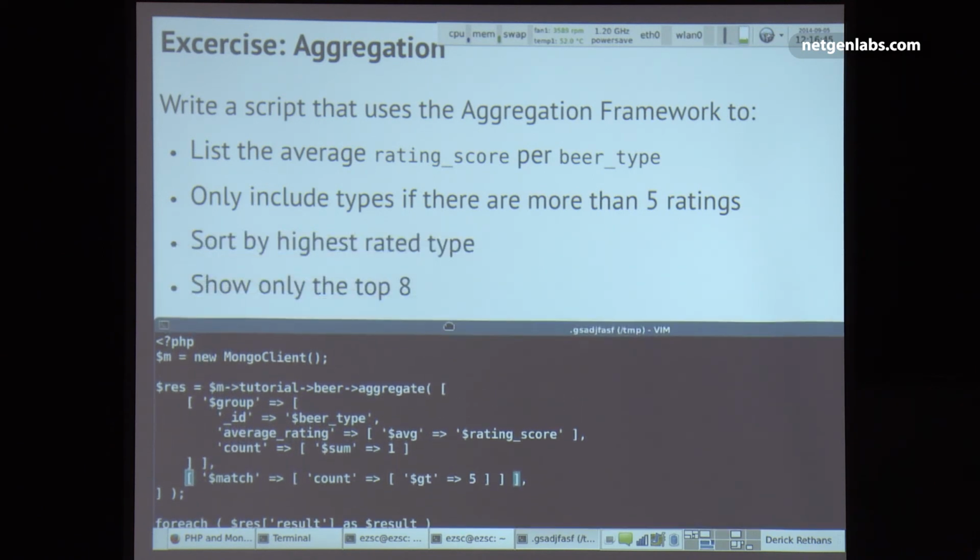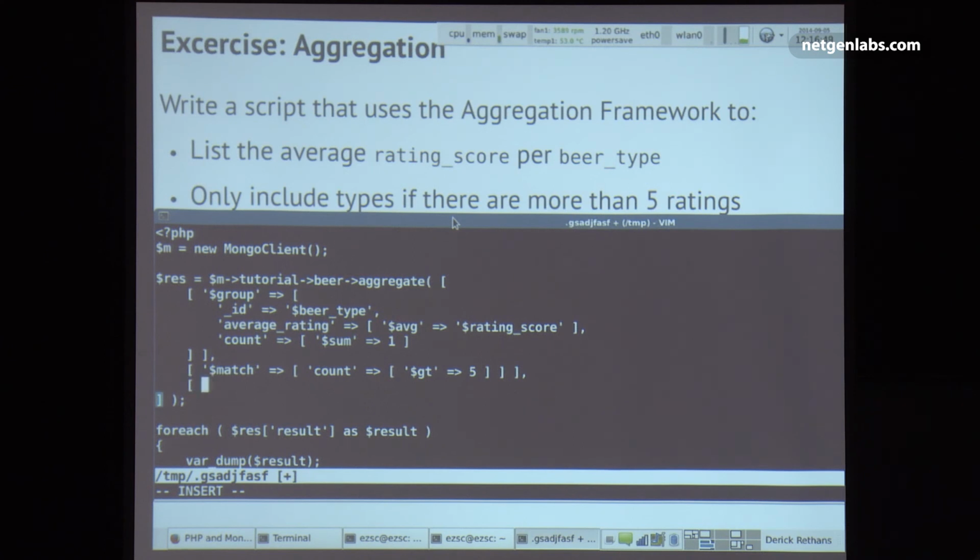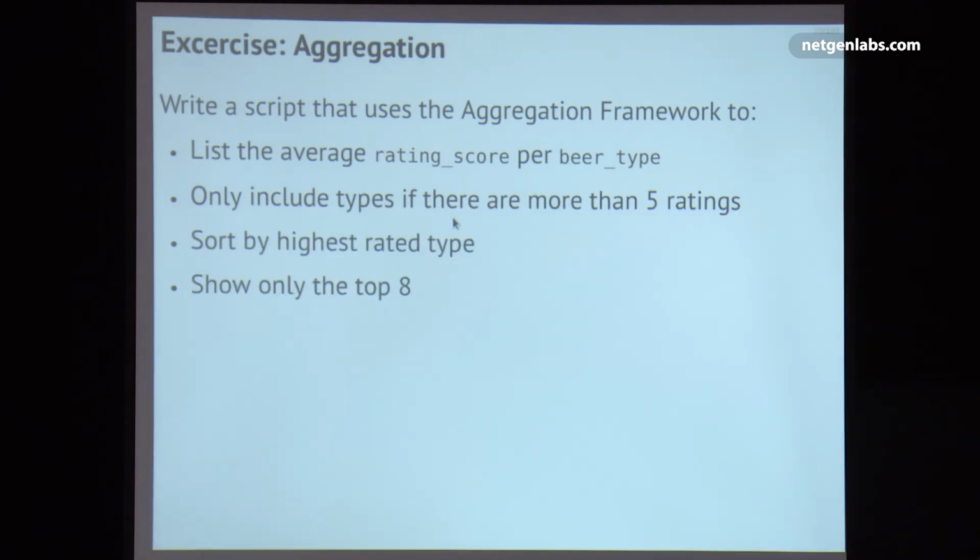Then there's one more requirement, sort by highest rated type. So which operator am I going to use for that? Sort, yes. And what are we going to sort on? Says so here. The highest rated average, right?